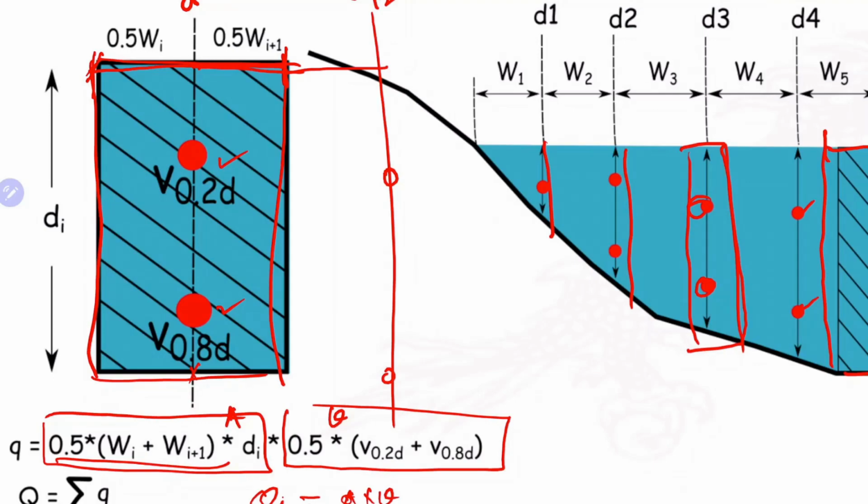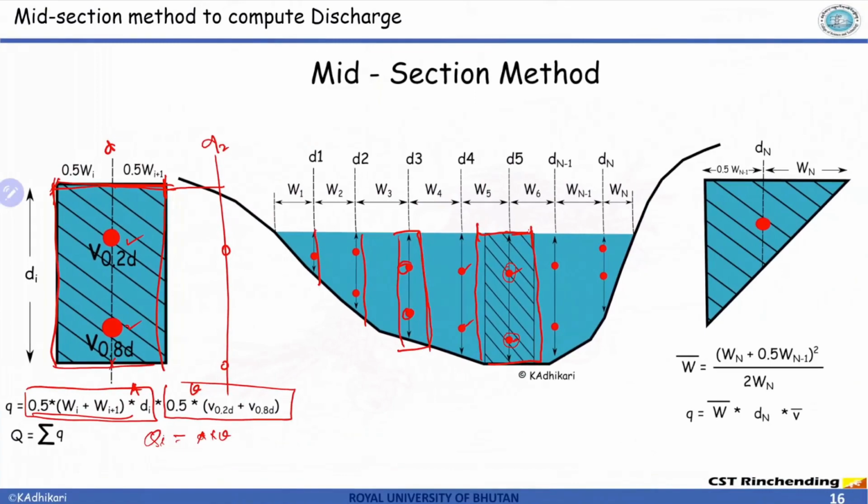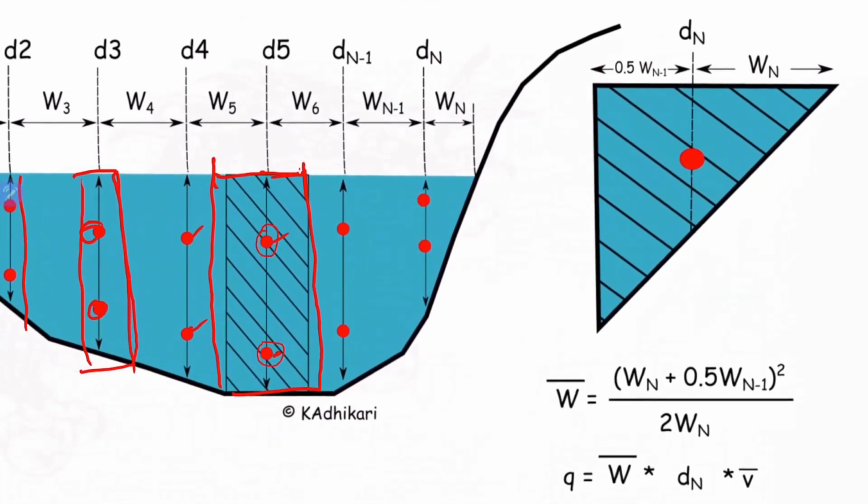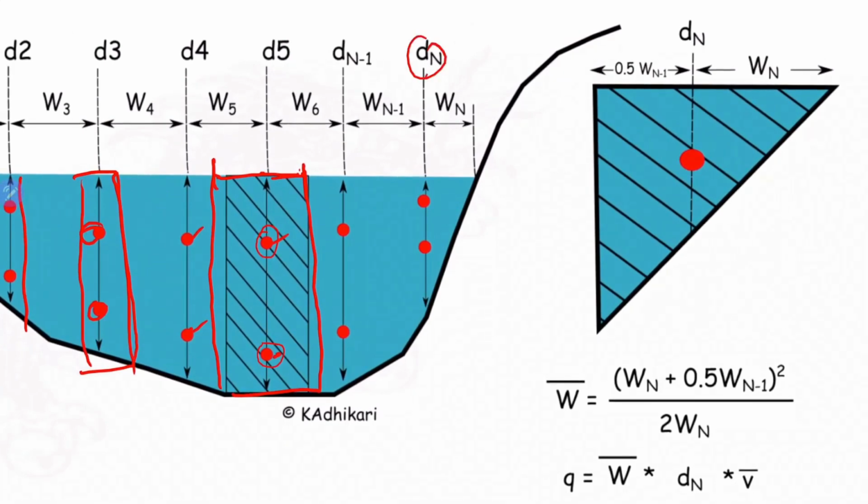The way of calculating at the end strips is different, so let me explain this. This is the last vertical that you have chosen to do the velocity measurement. Usually the depth is not so large, so usually only one velocity is measured, but here I have shown two. It does not matter even if there are three, it's not an issue.